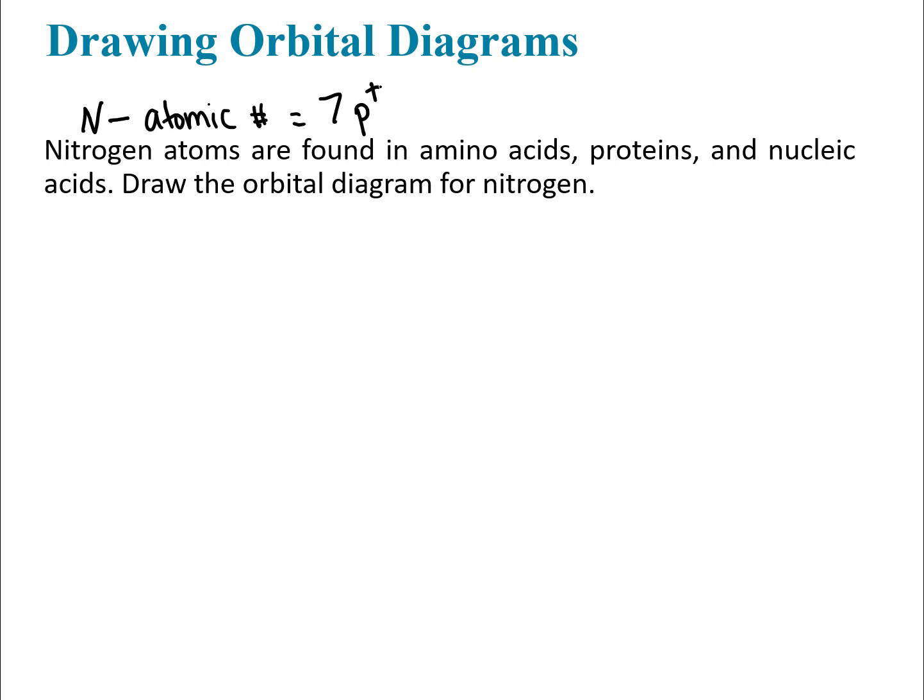Now, why are we talking about protons when we're supposed to be writing an orbital diagram for electrons? In a neutral atom, the number of protons is equal to the number of electrons. So if you have 7 protons, you're going to have 7 electrons. And now you're ready to draw a diagram.